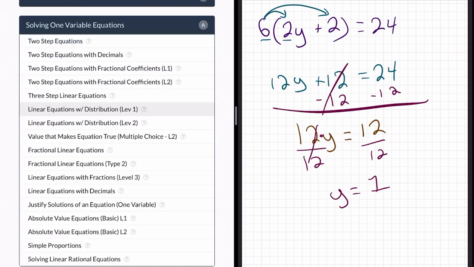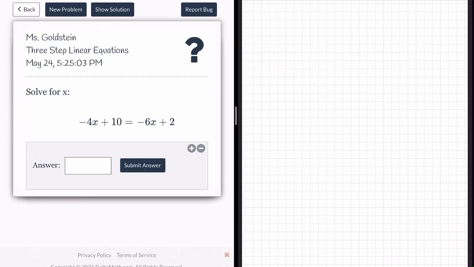Let's go back. We're going to do a different section here, which is 3-step linear equations. So for this one, negative 4x plus 10 equals negative 6x plus 2. My goal is to get like terms on the same side of the equal sign.